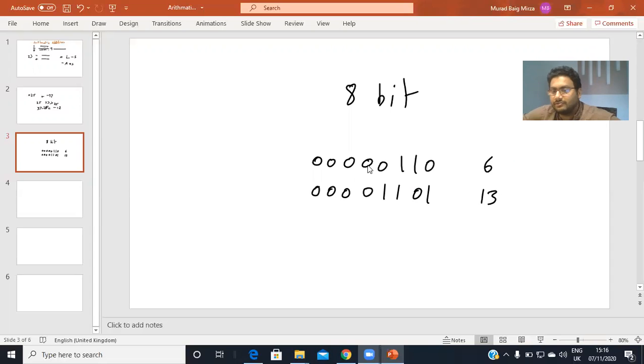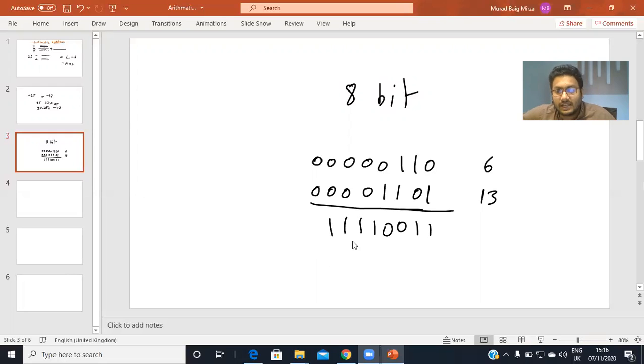Both these numbers are positive, because they have a 0 sign bit, so we will just add them normally. The result is 00010011.